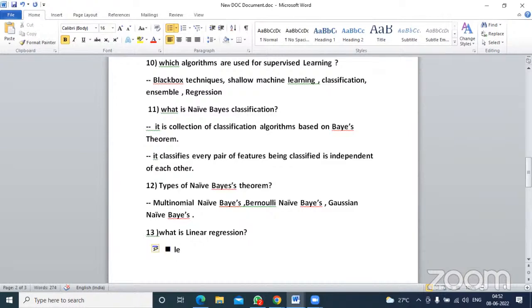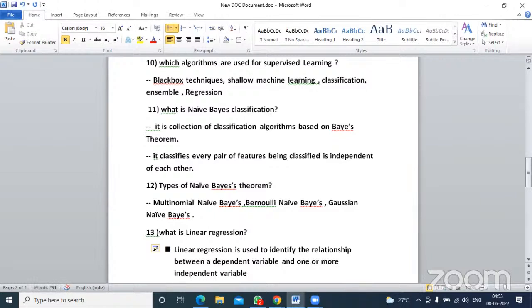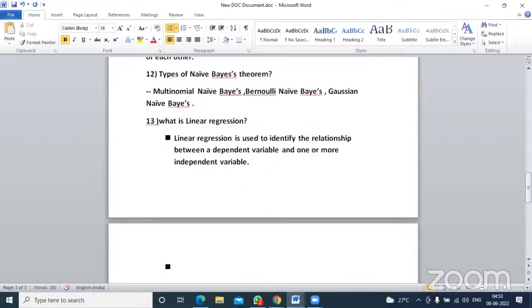So linear regression is used to identify the relationship between a dependent variable and one or more independent variables. That is linear regression.